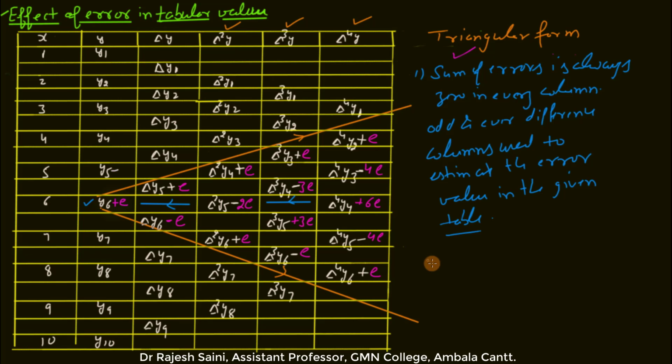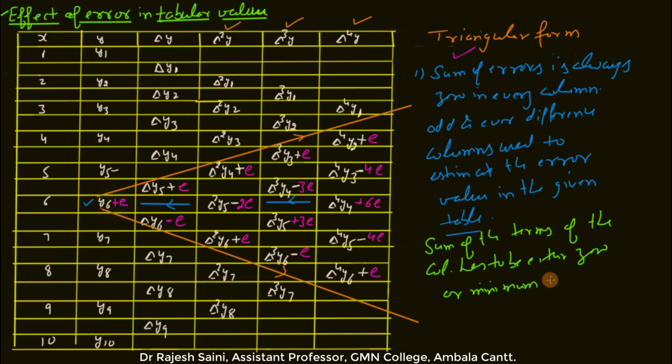So I am writing: the sum of the terms of the column has to be either 0 or minimum with respect to succeeding and preceding columns.